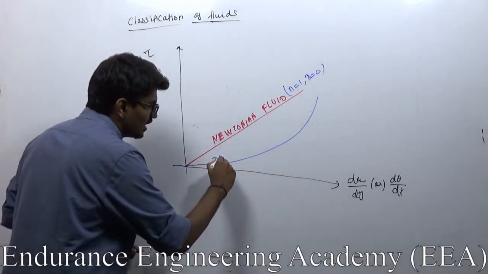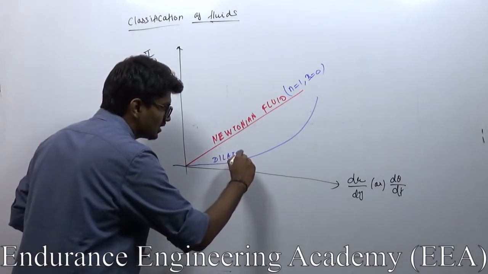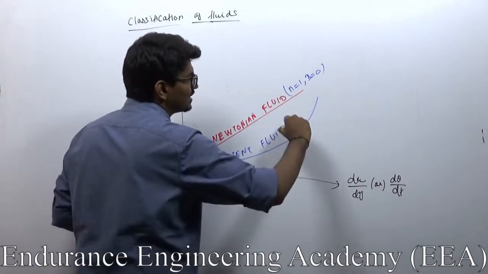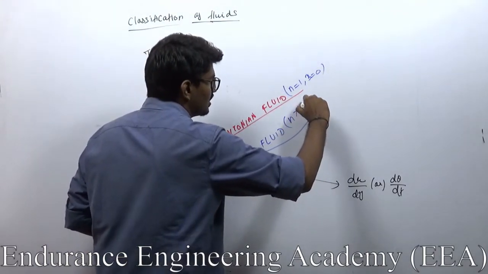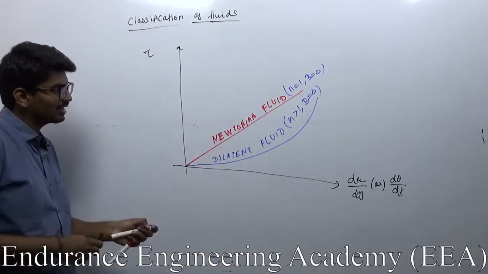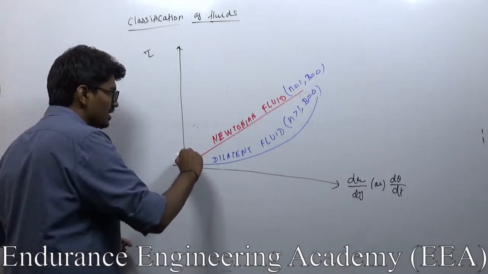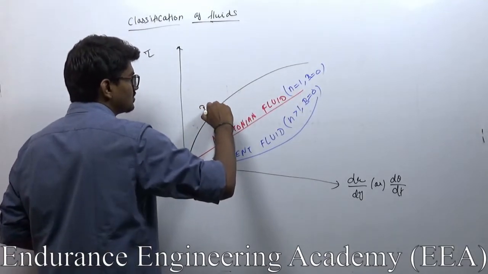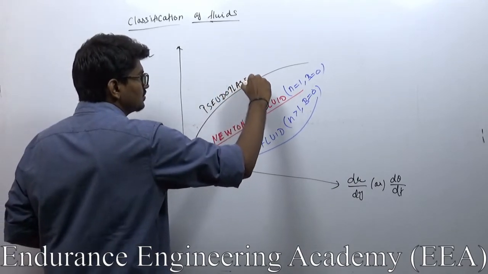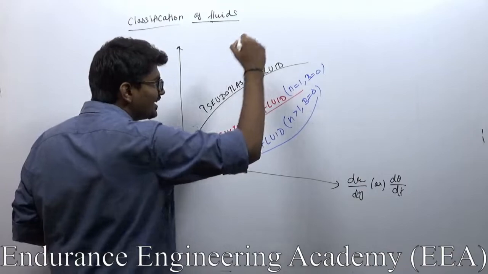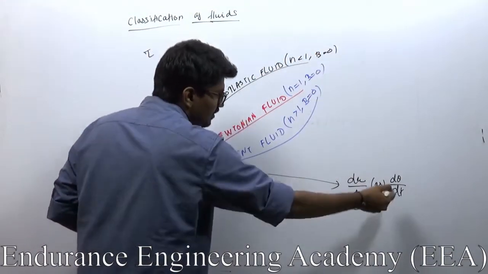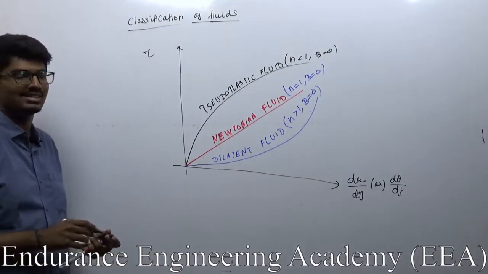In the case of dilatant fluid, the apparent viscosity increases as deformation increases, so the slope value is increasing. Next is pseudo plastic. In the case of pseudo plastic, the apparent viscosity decreases as the rate of deformation increases, so the slope value is decreasing.